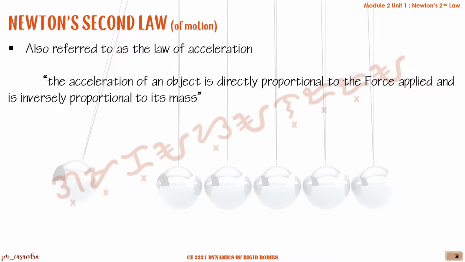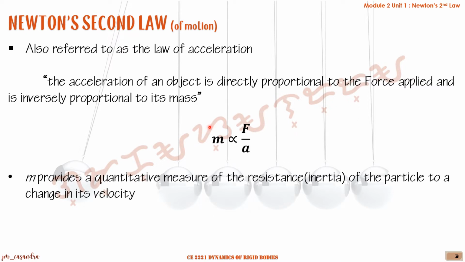Or mathematically, we could write this as m is directly proportional to F divided by a. And from this equation, mass here is a constant value, which is a quantitative measure of the inertia of an object, or the resistance of the object to motion or change in velocity.